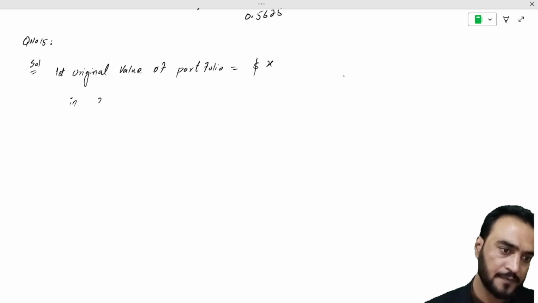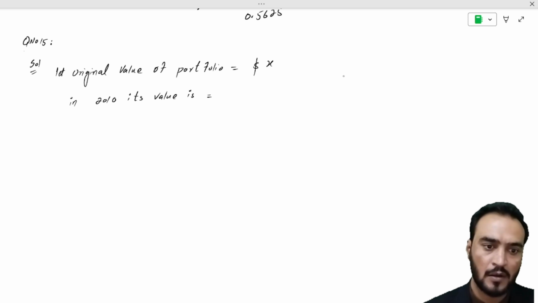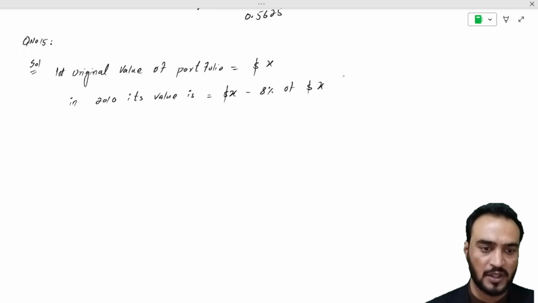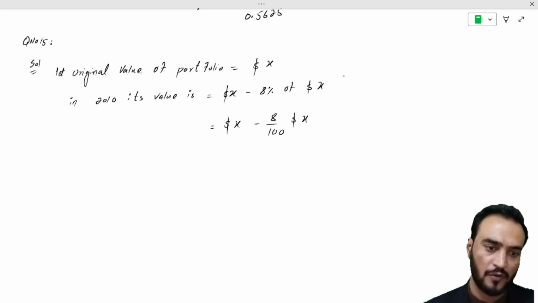In 2010, its value is X dollars minus 8% of X dollars. There was a decrease of 8% in the value in 2010, so we will subtract 8% of X. So X dollars minus 8 over 100 times X dollars. We solve it and it becomes 0.92 times X dollars. This is the value in 2010.